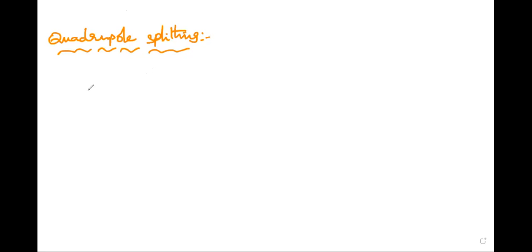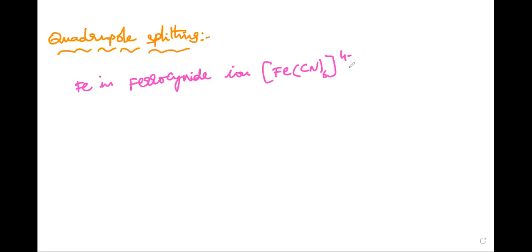So for example, Fe in the ferrocyanide ion, that is Fe(CN)6 4 minus. This is the ferrocyanide ion.